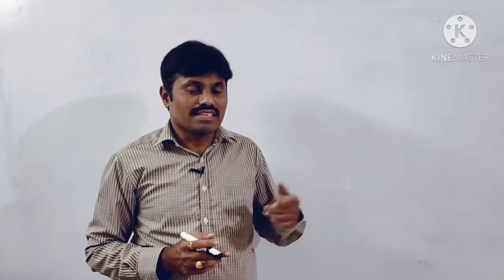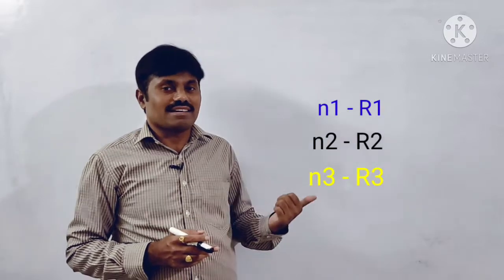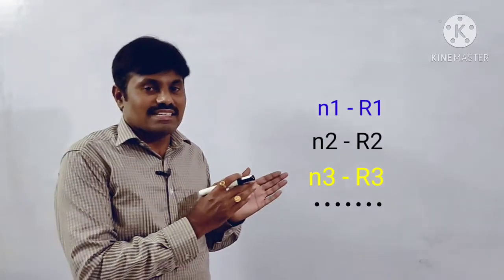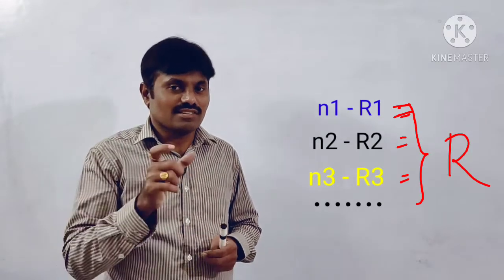Common difference between divisors and remainders means we find the values of n1 minus r1, n2 minus r2, n3 minus r3. Consider this common difference as r, that is, a common remainder.